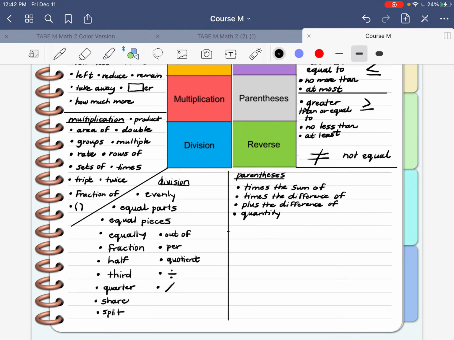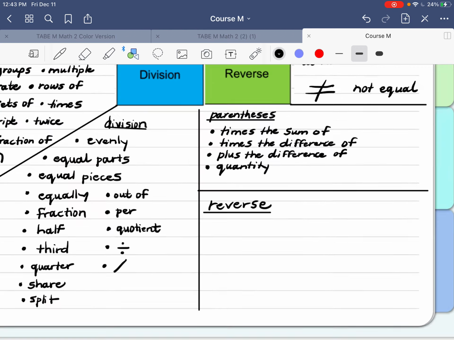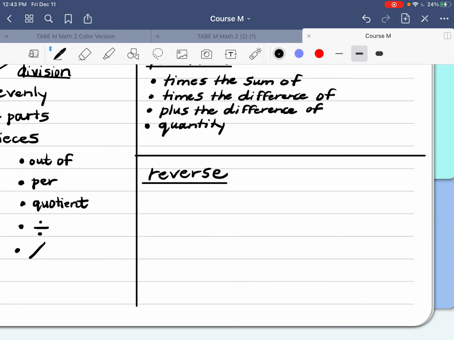And finally, there are some keywords that tell me to reverse the order of my terms. And we see this a lot with algebra, especially subtraction equations. So if you see these phrases, you will usually have to reverse the order of your problem. Subtracted from.